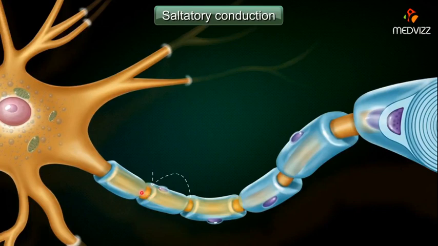As you can see over here, when the message is received and travels down the axon, there will be ion exchange in this node of Ranvier, then it is going to jump to the next node of Ranvier, and so on. Hence it reaches the axon terminal, and it is then responsible for the release of the neurotransmitter.